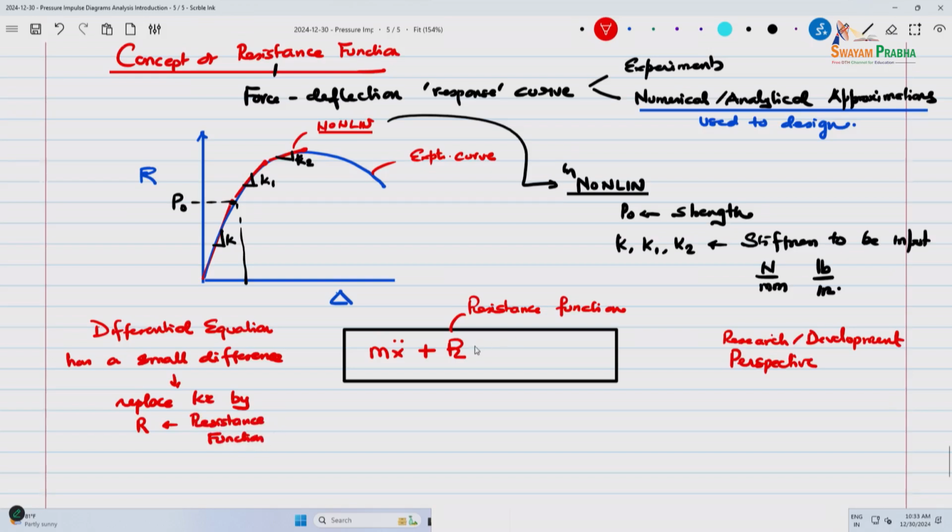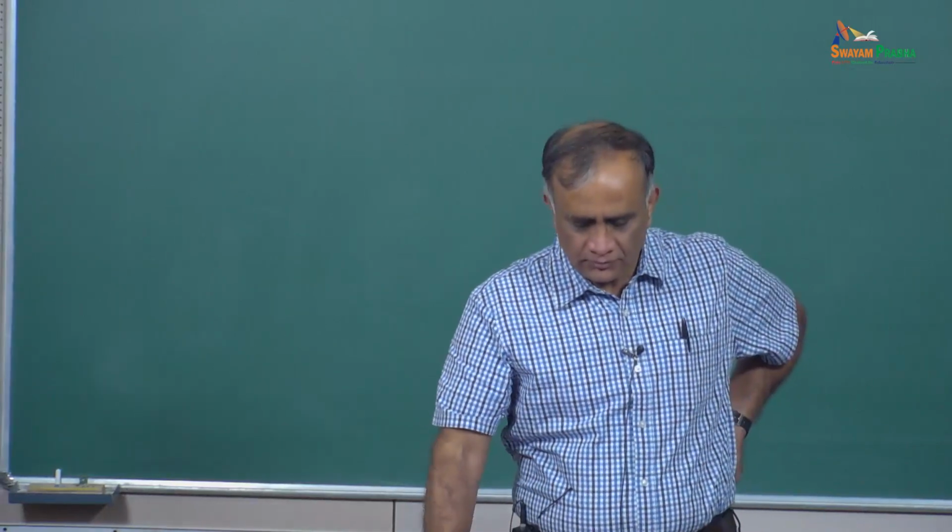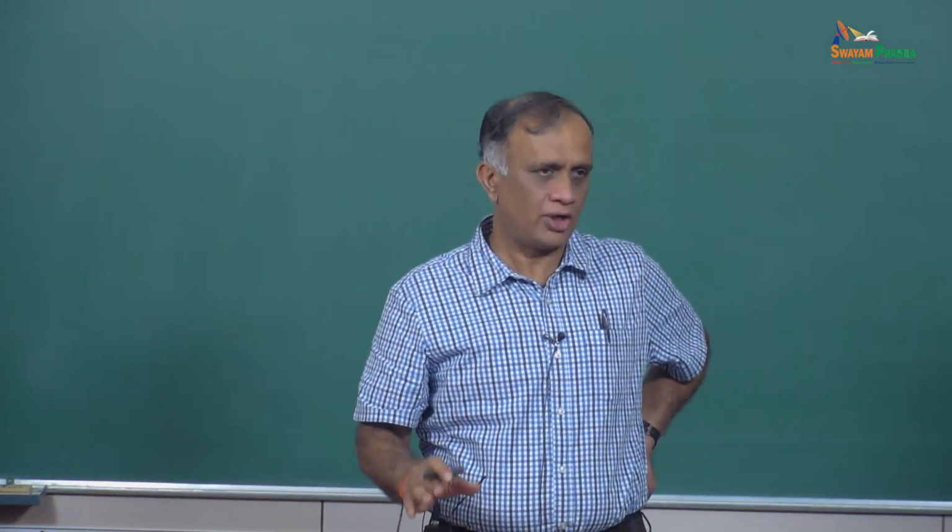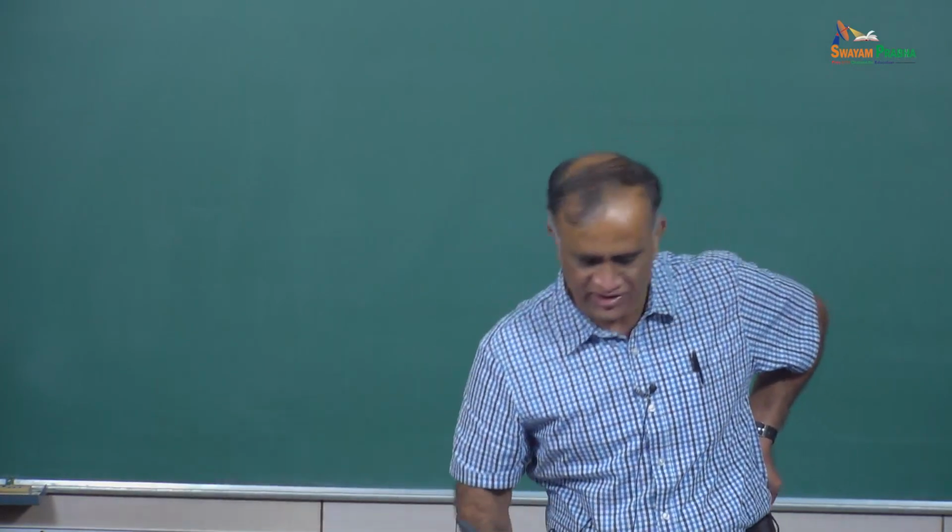So you have here r as a function of x is equal to, on the right hand side, p as a function of time. And the resistance curve can be a numerical expression. So we won't get into solving it, nonlinear is doing that for us.